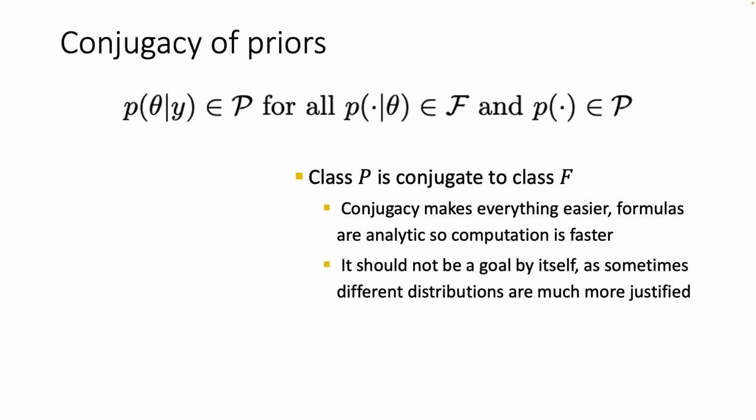The advantage of conjugate priors is that because those distributions are already known, we can use formulas for their expectations, medians, and so on. And that's the main advantage. Also, because those distributions are known, for example for scalar distributions, we know their cumulative distribution functions, which makes it very easy to create samples from them.